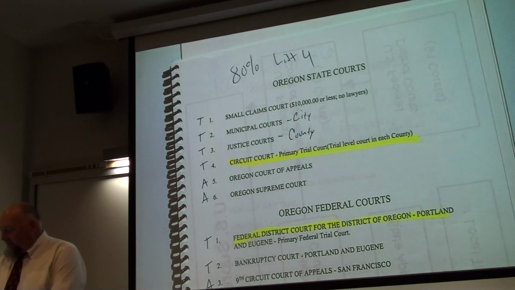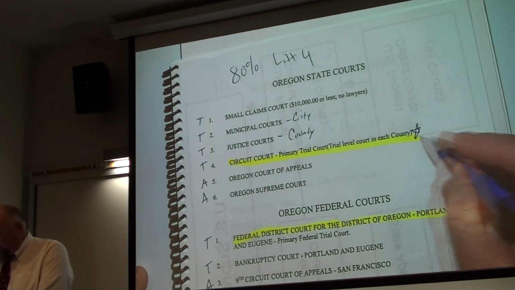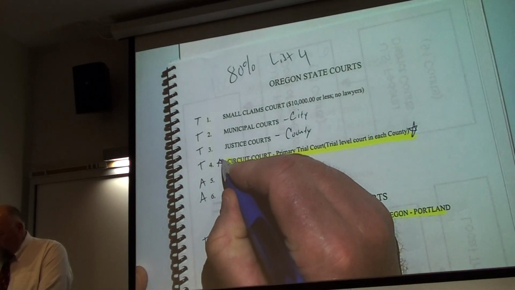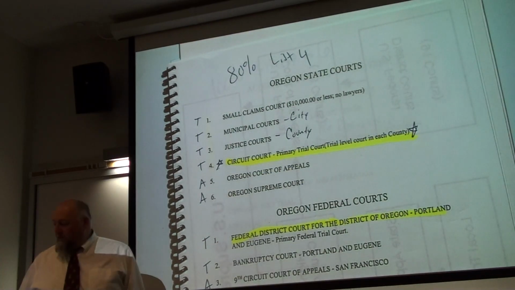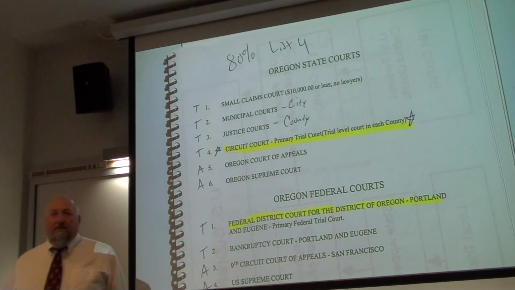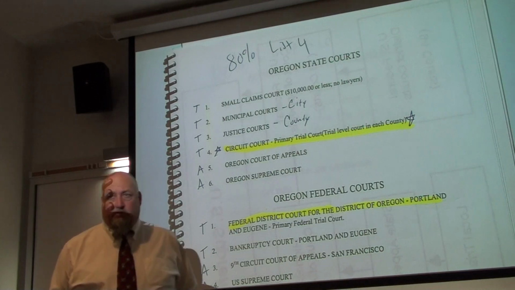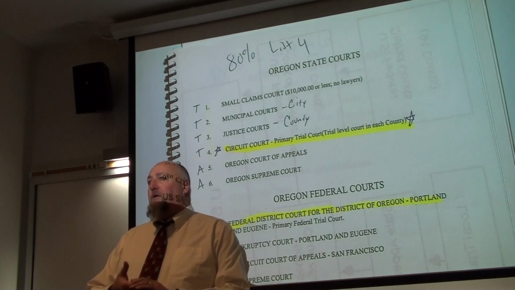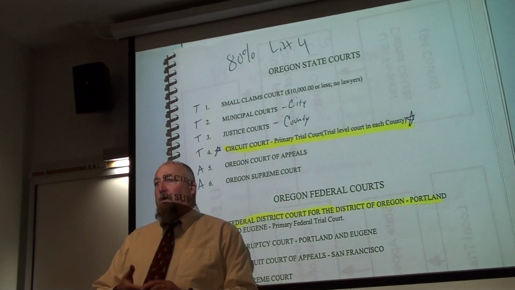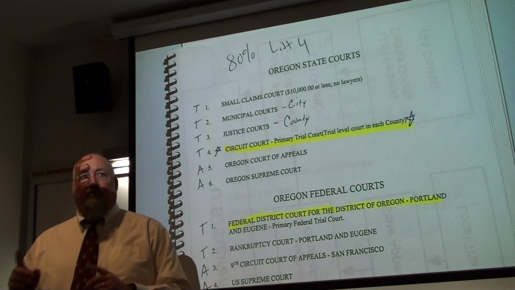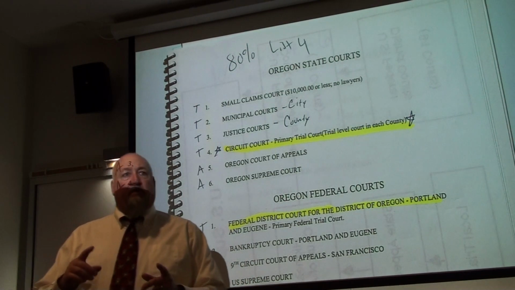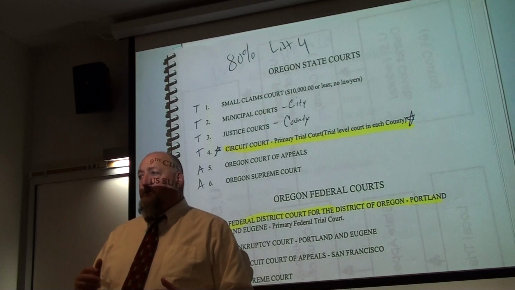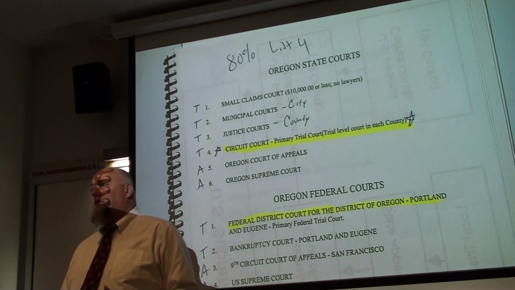And that brings us to number 4. I'm going to put a little star by it. And again, we're talking about the state of Oregon court system. So the primary trial court in the state of Oregon system is called the circuit court for the state of Oregon in whatever county you're in. So we're in Polk County, Oregon here at Western.